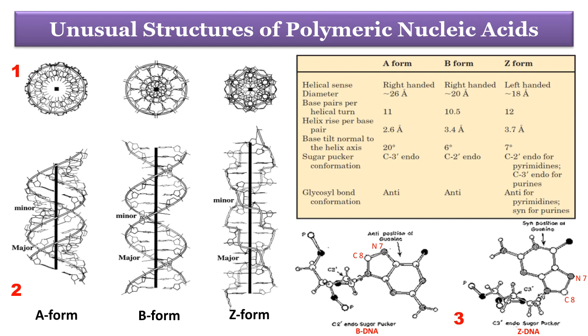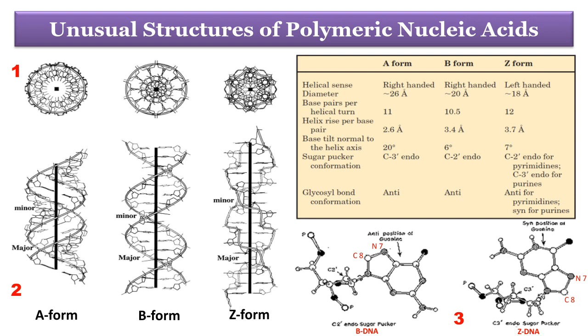The plane of the base pairs of A DNA is tilted about 20 degrees with respect to the helix axis, while in B form the plane of the base pairs is perpendicular to the helix axis. Such structural changes in A form have deepened the major groove while making the minor groove shallower.